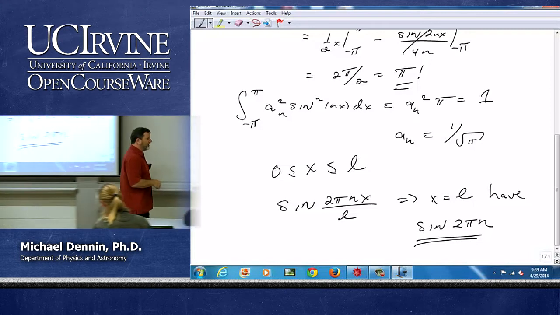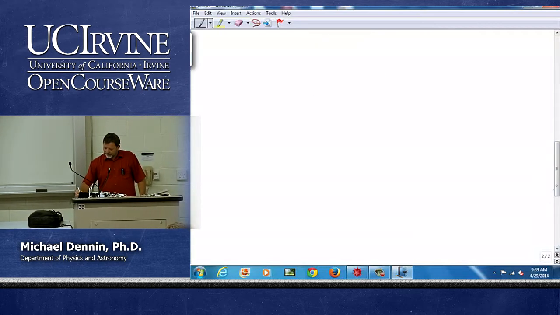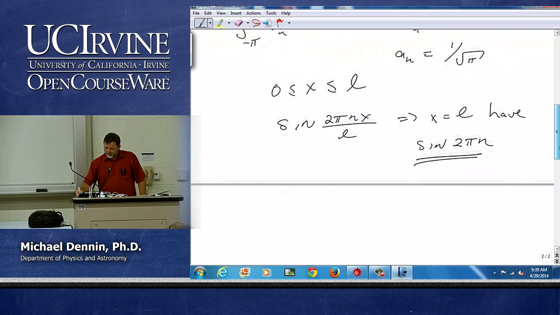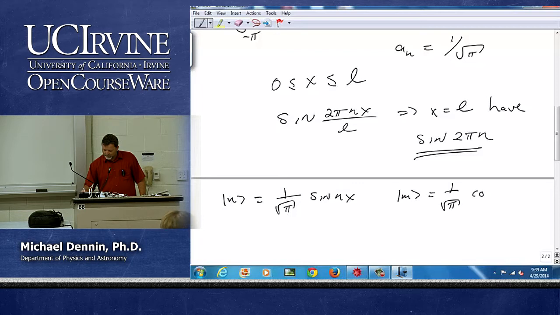And the same for the cosine, and the same for the e to the ix. So having done that, we now realize that the full sine normalization is going to be that. The cosine one will be that.